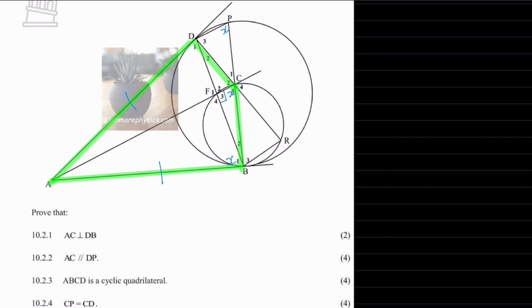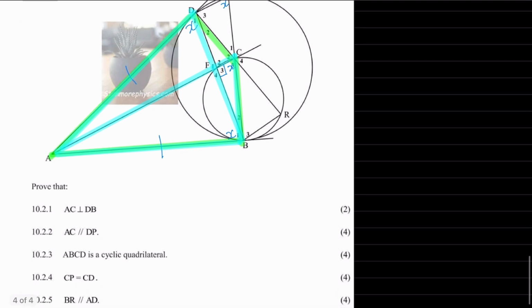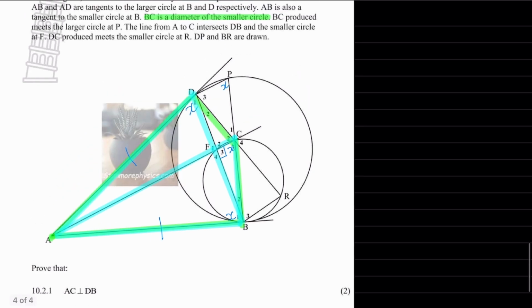That means that D1 is going to equal angle X. Next, we can use the converse of the angle in the same segment theorem to then prove that ABCD is a cyclic quadrilateral. Done.